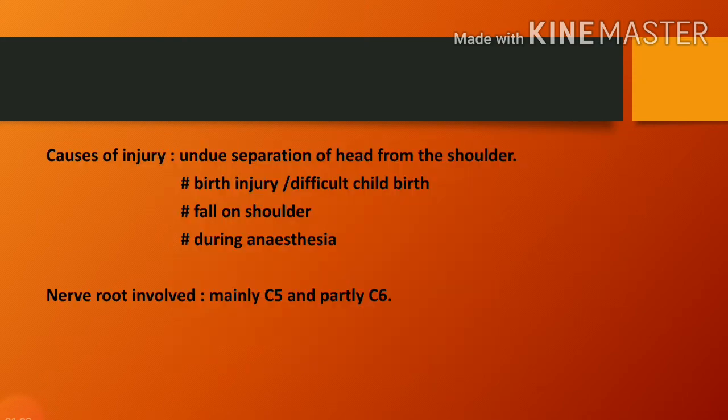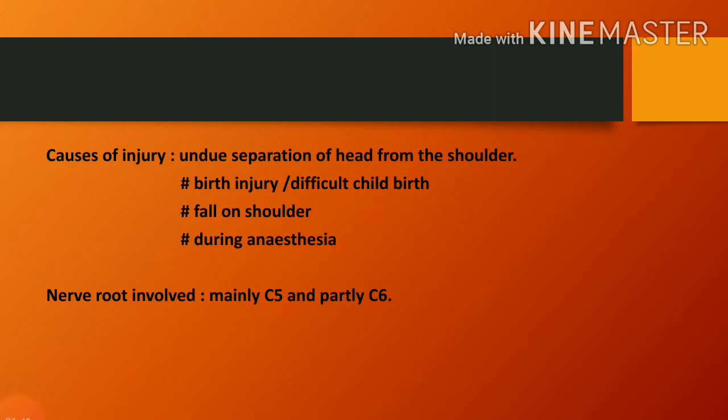Causes of injury. So what are the causes of injury? It is simple. Undue separation of the head from the shoulder, which occurs during birth injury, that is difficult childbirth, fall on shoulder, and also during anesthesia.